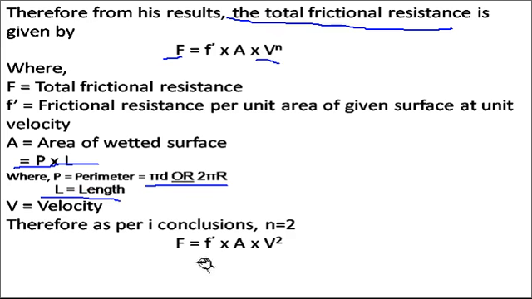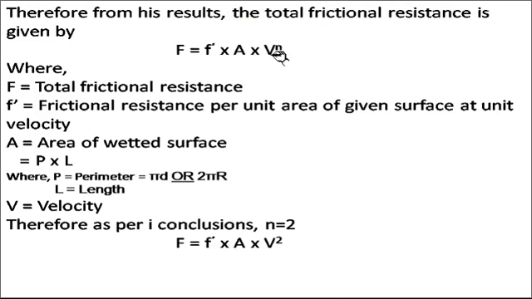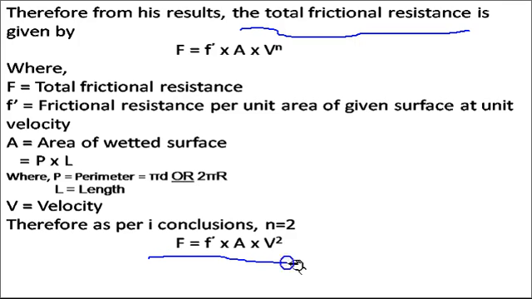And as per conclusion number 1, the frictional resistance varies approximately with the square of the velocity. Therefore, the value of N is equal to 2. Therefore, the total frictional resistance given by Froude is F is equal to F dash into A into V square. You have to remember this equation because we will require it to solve the next problem.